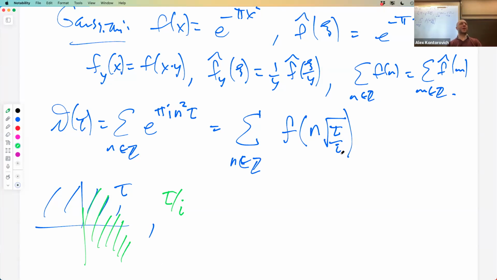For the square root function, I need a branch cut. Which branch cut will I take? The standard branch cut. Okay, so I'll take the standard branch cut to define this square root.